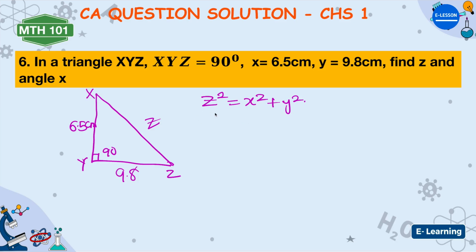All right? Now, my dear students, z squared is equal to 6.5 squared plus 9.8 squared. So if you punch this in your calculator, what are you going to have?